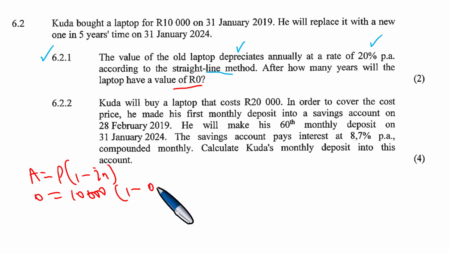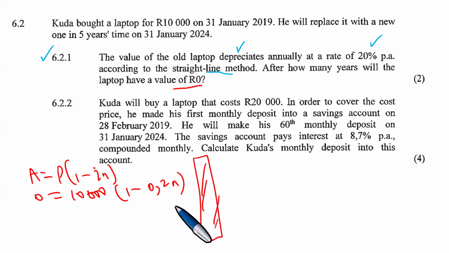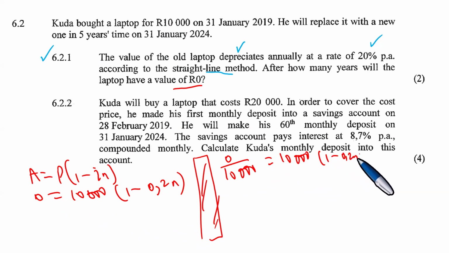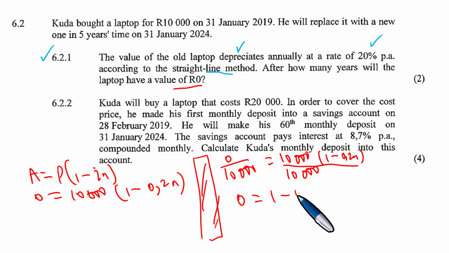20% divided by 100, you get 0.2. So now you want to solve here. To solve, you divide by 10,000. So you have 0 divided by 10,000, and this is 10,000 times (1 minus 0.2n), also divided by 10,000. Which means that 0 is 1 minus 0.2n. 0.2n, you bring it across, equals 1.